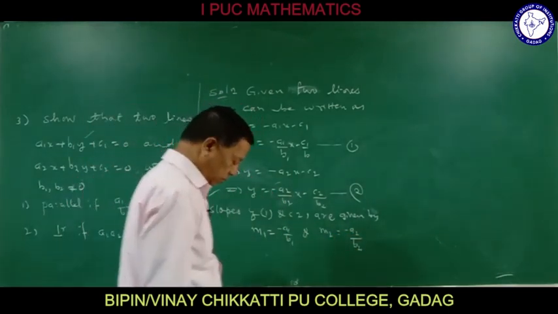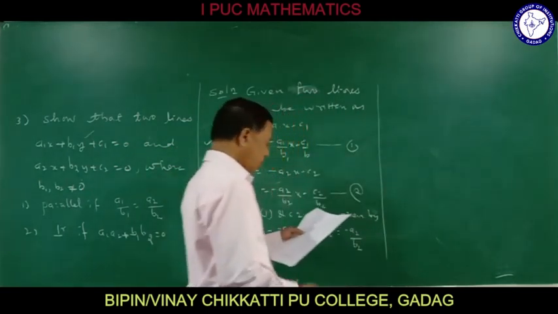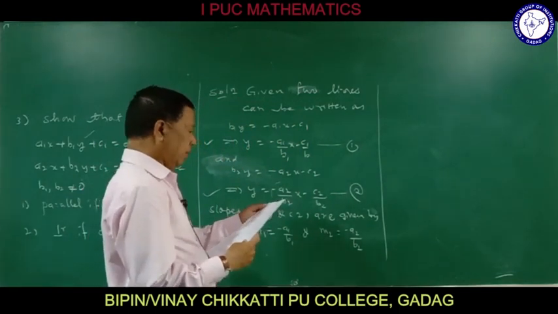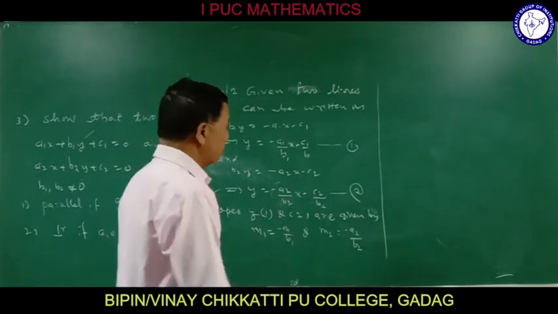When you write the slope intercept form, you can easily write the slopes. And now you can see the conditions to be proved.